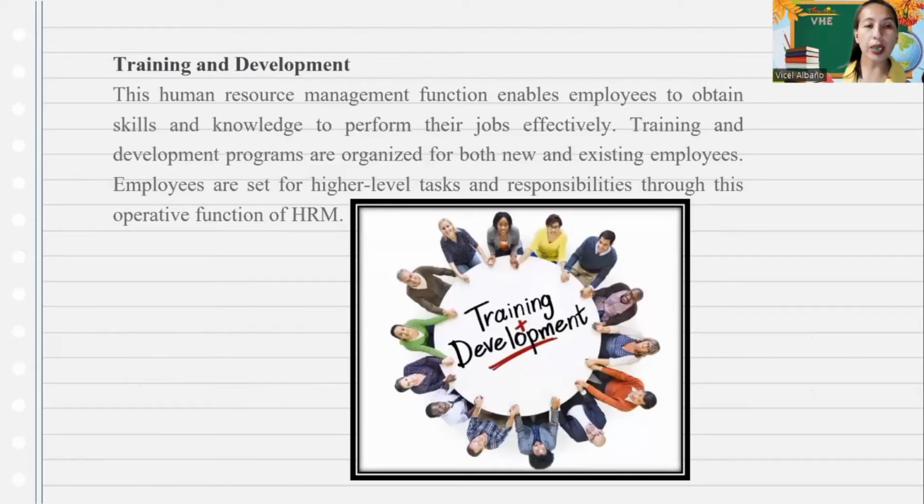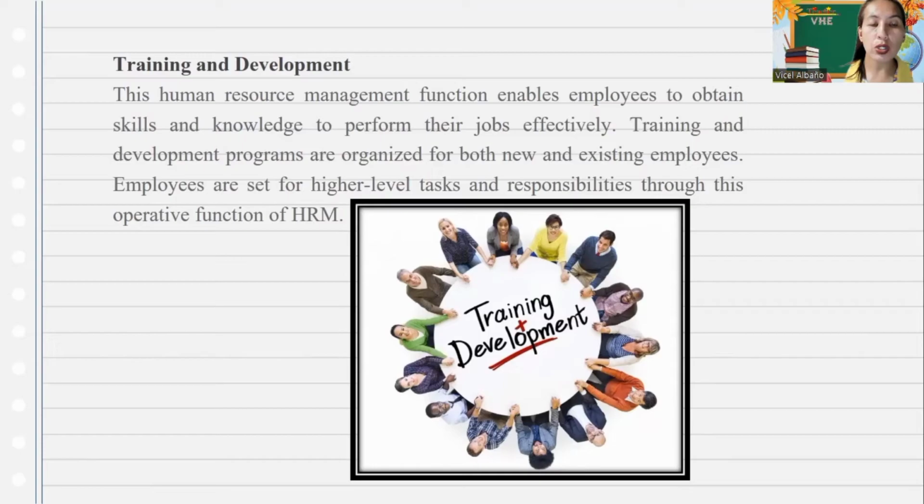So, training and development. This human resource management function enables employees to obtain the skills and knowledge to perform their jobs effectively. Training and development programs are organized for both new and existing employees.